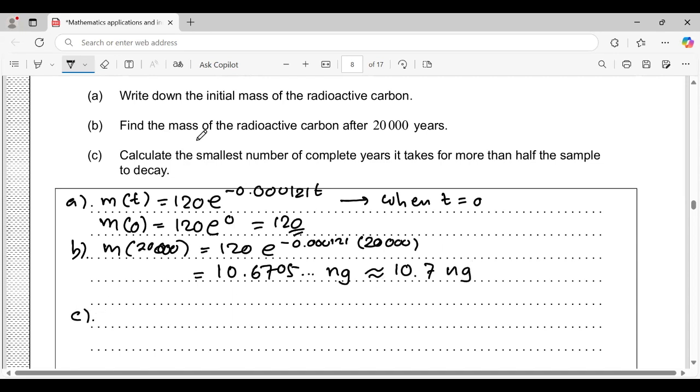C. Calculate the smallest number of complete years it takes for more than half the sample to decay. Half of the initial mass equals 120 divided by 2 equals 60 nanograms.